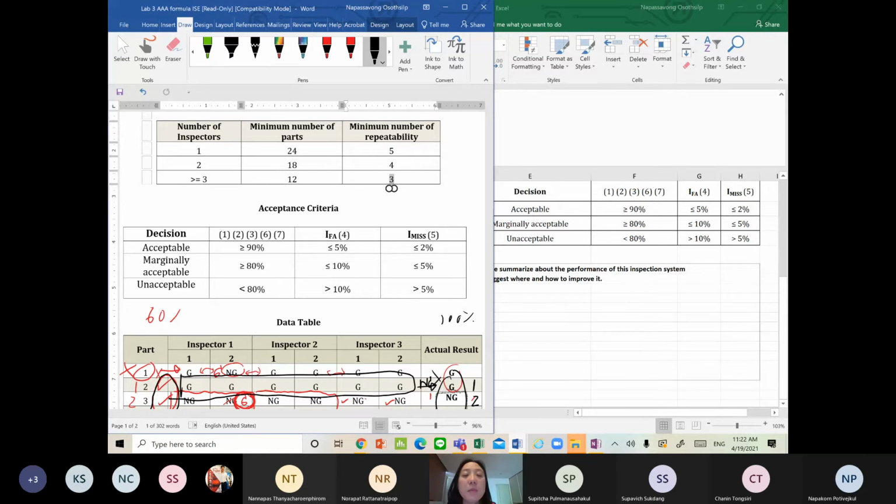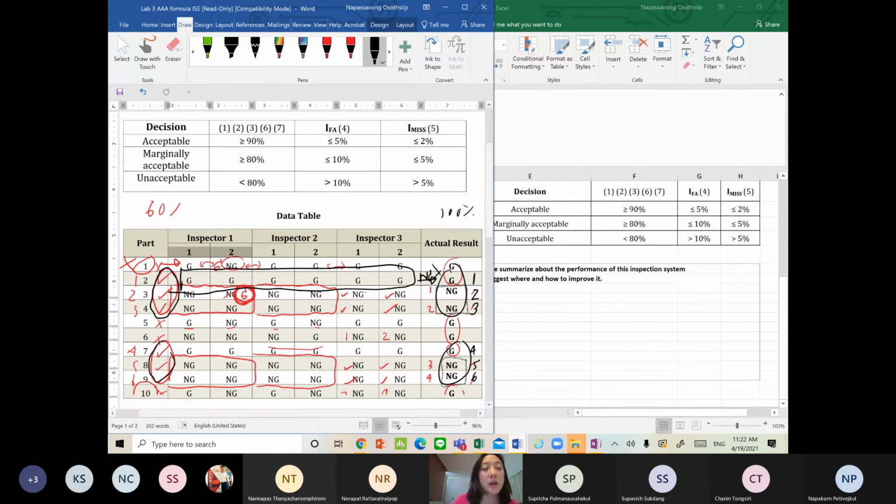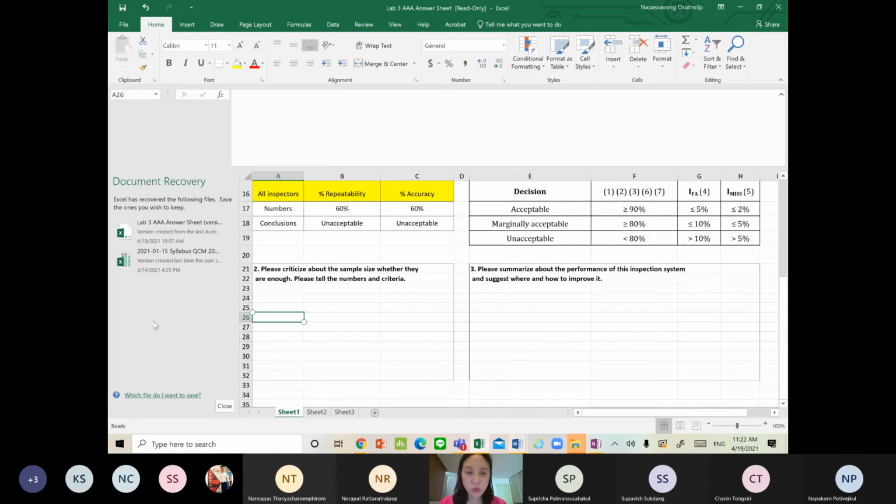Because this table says we require 3 times, but what we have is only 2 times. So we have to have each inspector inspect the same 10 parts one more time, and we also need to do inspection for another 2 parts, 3 times. That is the answer for question number 2.